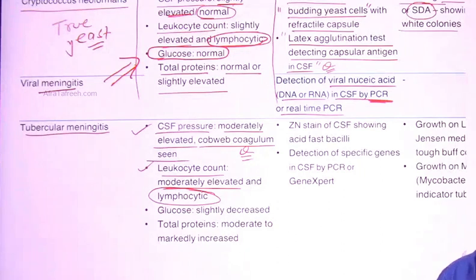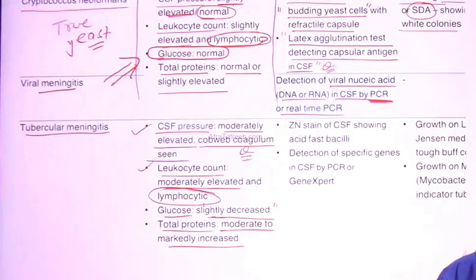The glucose is slightly decreased, because they don't consume it as much as the other bacteria, but it is slightly decreased. The total proteins are moderately to markedly increased in tubercular meningitis. Proteins are mostly elevated in all, in the tubercular, the fungal, the viral and the pyogenic, all of them.